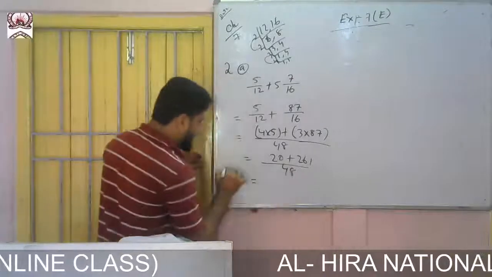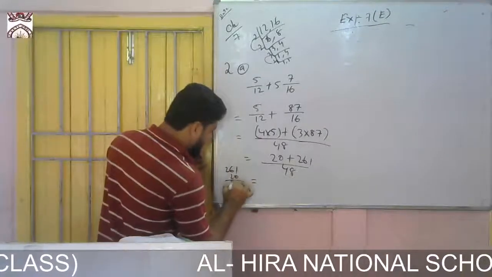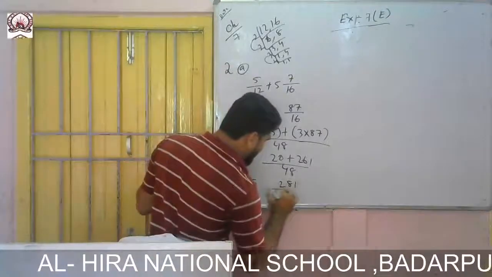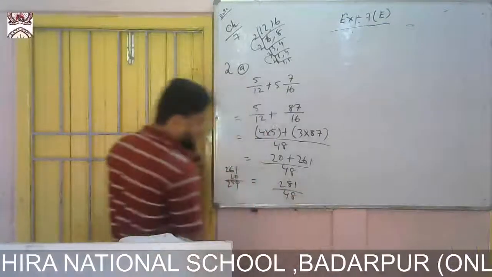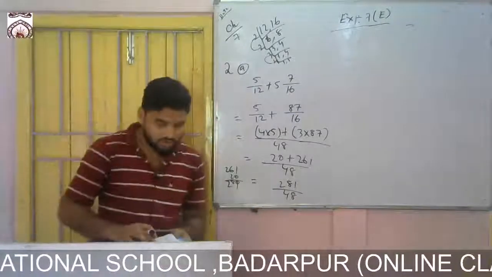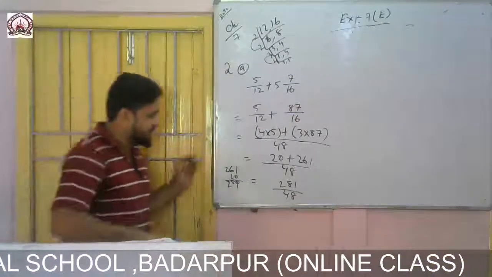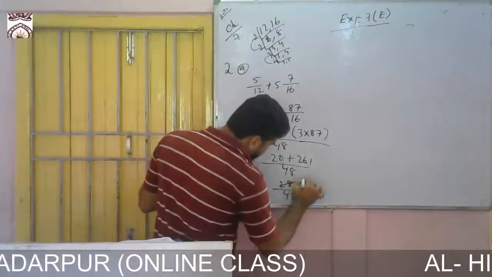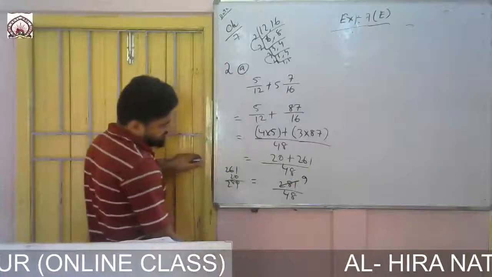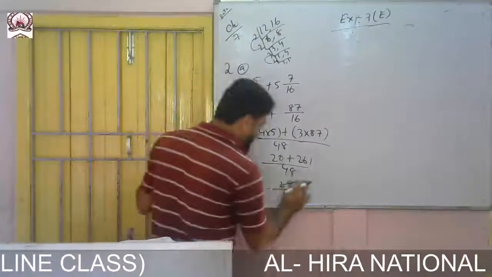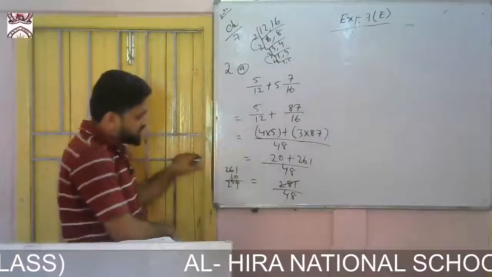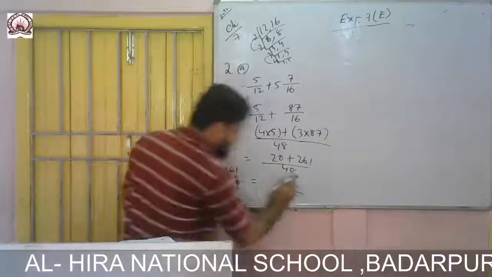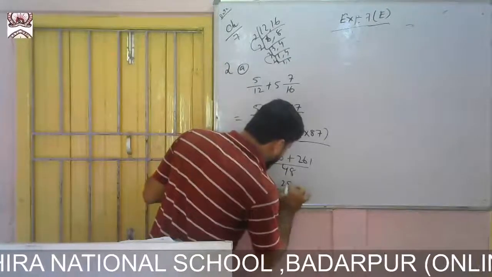Now 261 and 20 is 281. So 281 by 48. Can we divide this with 3? 3 9s are 27. With 3 it is not possible. So you can keep 281 here.